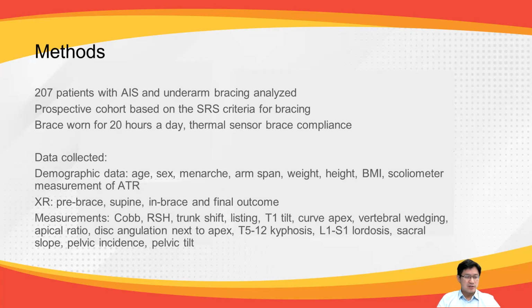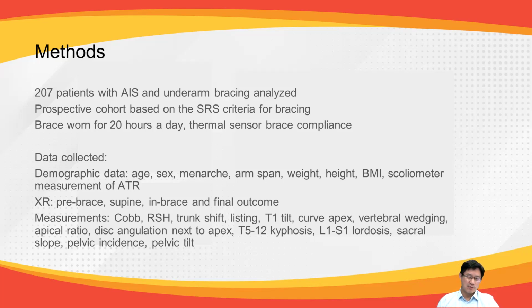We collected data including demographic information: age, sex, menarche, arm span, weight, height, BMI, and scoliometer measurements of ATR. On X-rays, we assessed the pre-brace standing X-ray, the supine X-ray, which we use to fabricate our braces, the in-brace X-ray immediately after brace fabrication, which is within around 2 weeks from the supine X-ray, and of course, the final outcome X-ray.